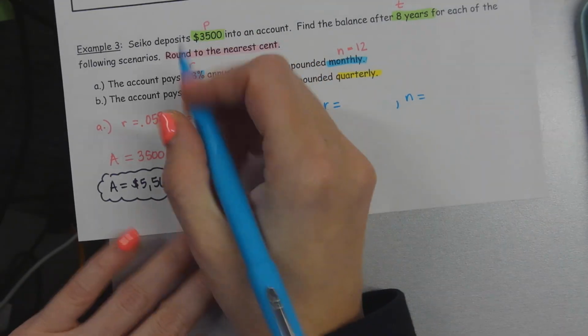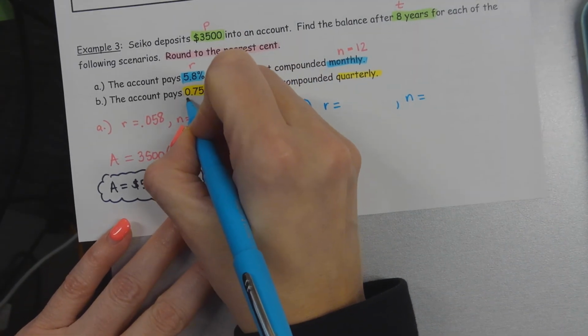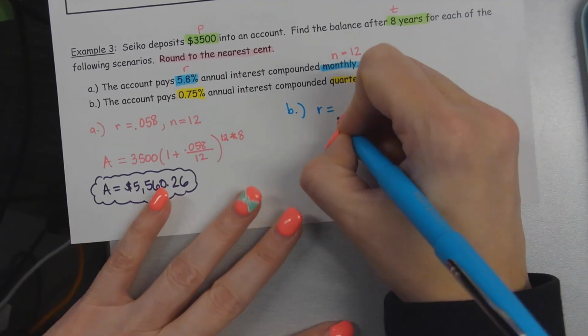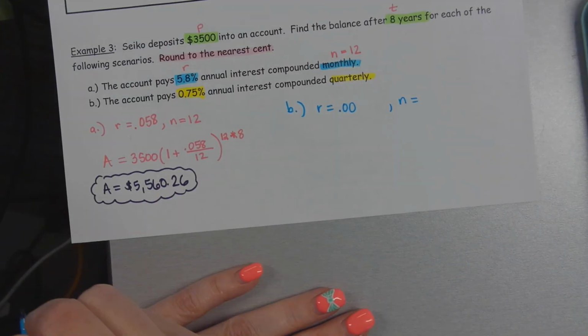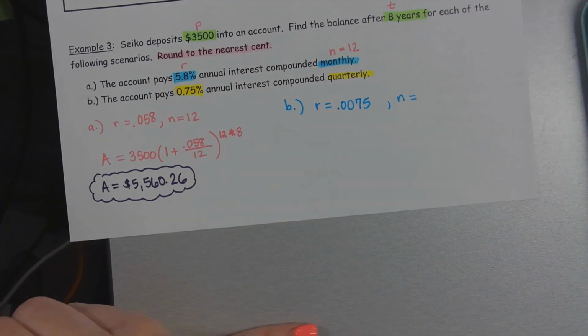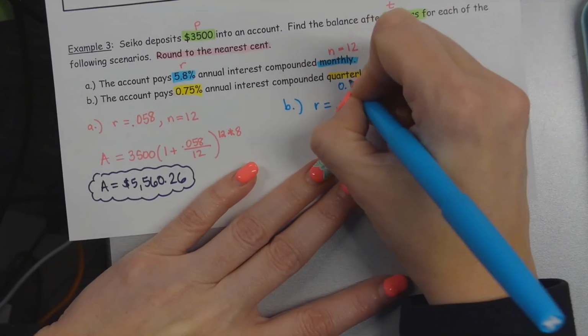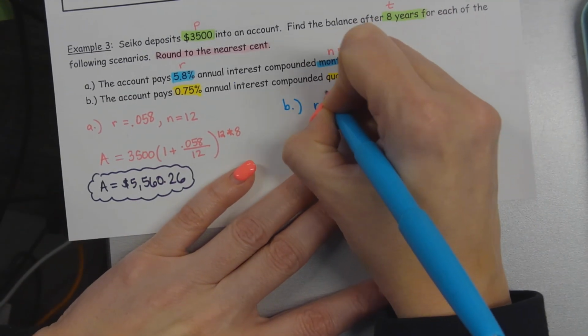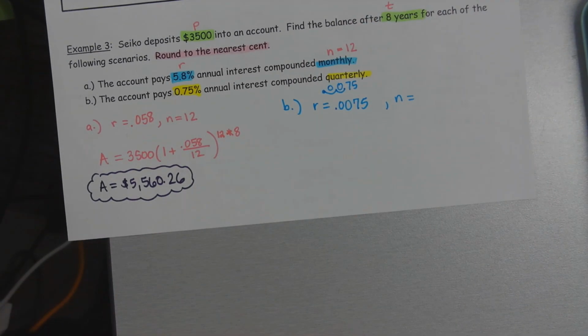So if you have 0.75, if you go 1, 2, you have to put a 0 in as a placeholder. So you should have 0.0075.